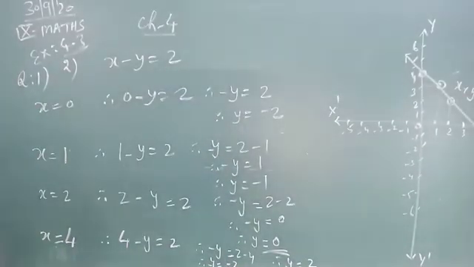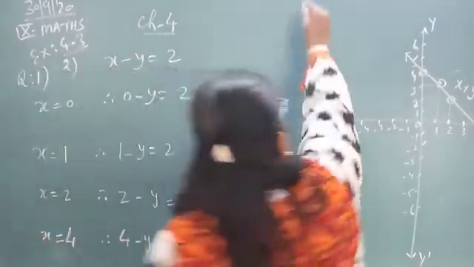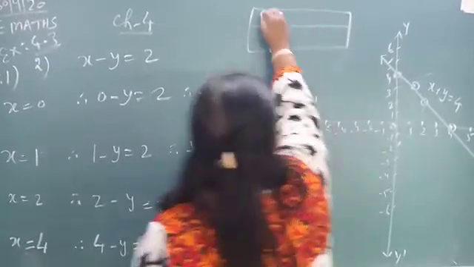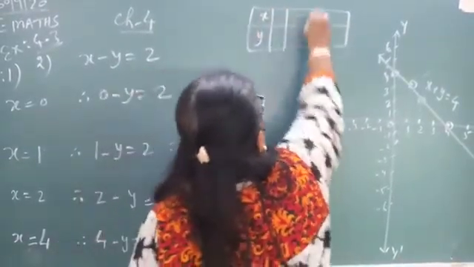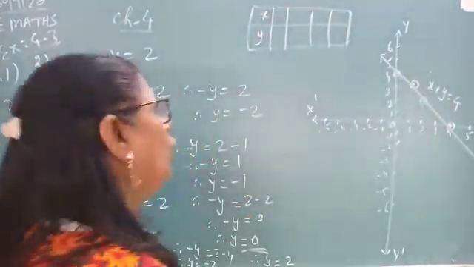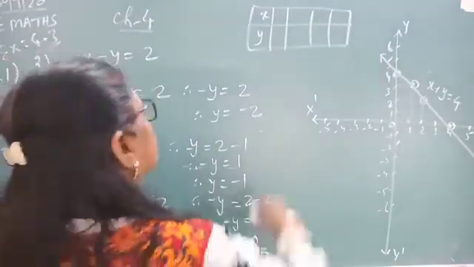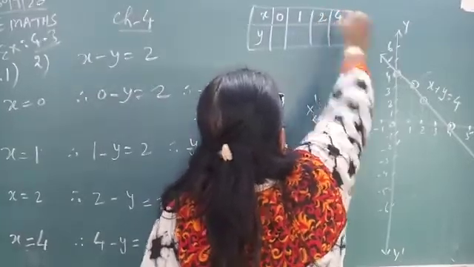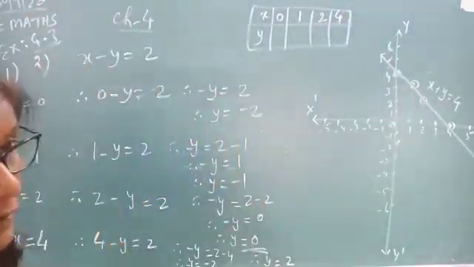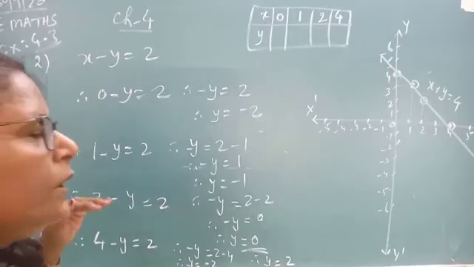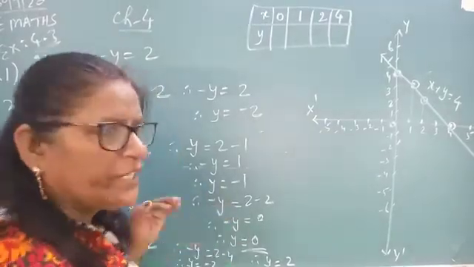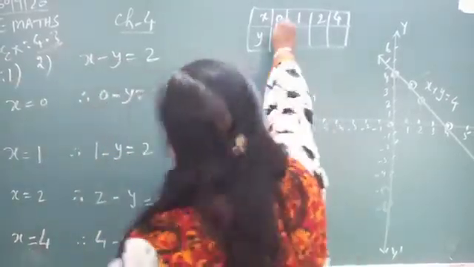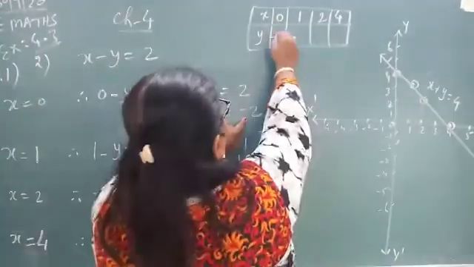Now for this, first you make the table. Here you take x and y. 4 values we have taken, so you make 4 columns. First write down the values of x: 0, 1, 2, 4. Negative values also you can take as per your choice, but try to take small values so that the graph will become easy. Whenever x is 0, y is minus 2.